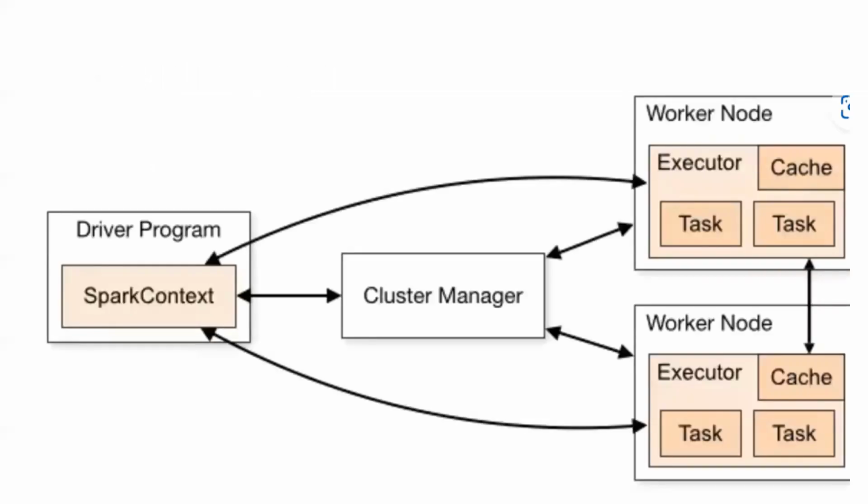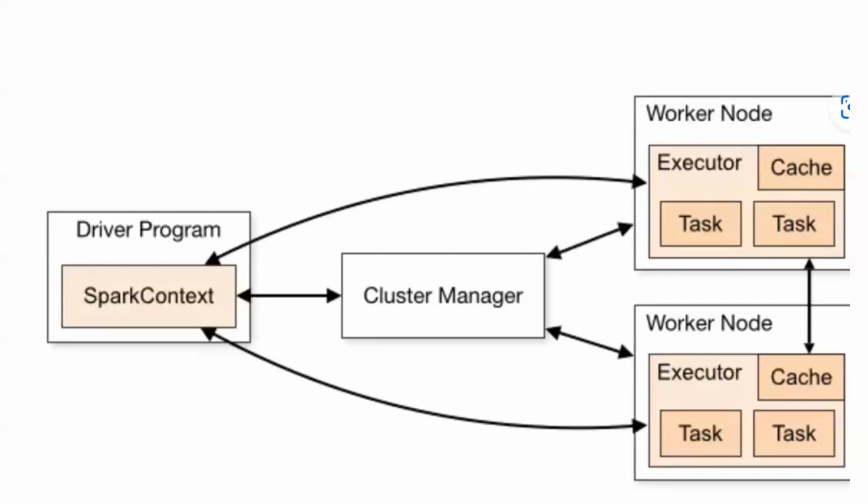So for Spark code, how should it work? When we write any kind of code, first of all we need to start a Spark context. This is the entry point of a program. When we start the Spark context, it will talk to the cluster manager. The cluster manager is the same thing as YARN from Hadoop.